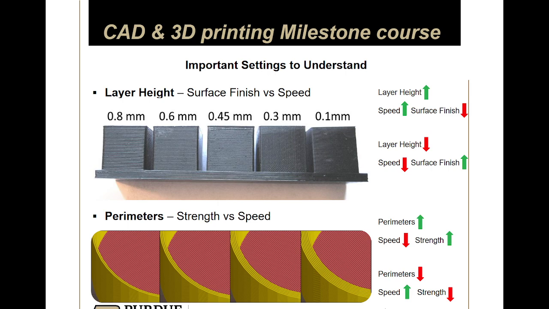So the layer height is definitely one of the first things that you might change. Though typically it's something you set when you first start printing, and then you just leave it there unless there's some special reason for changing it. But basically it just controls how fine each layer is.